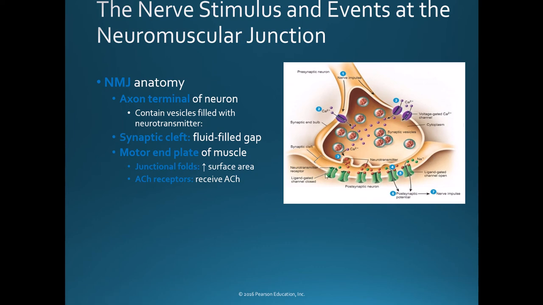It's not a smooth surface, because by having these folds, we have more surface area, which means we can have a lot more receptors that are going to receive the neurotransmitter. The neurotransmitter that our skeletal muscle and our somatic motor neurons use to activate our skeletal muscles happens to be acetylcholine.